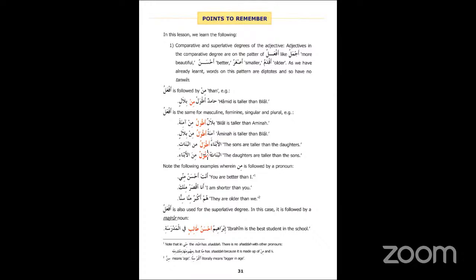Example: Bilal is taller than Amina. Bilalun atwalu min Aminata. Amina is taller than Bilal. Aminatu atwalu min Bilalin. The sons are taller than the daughters. Al-abna'u atwalu min al-banati.